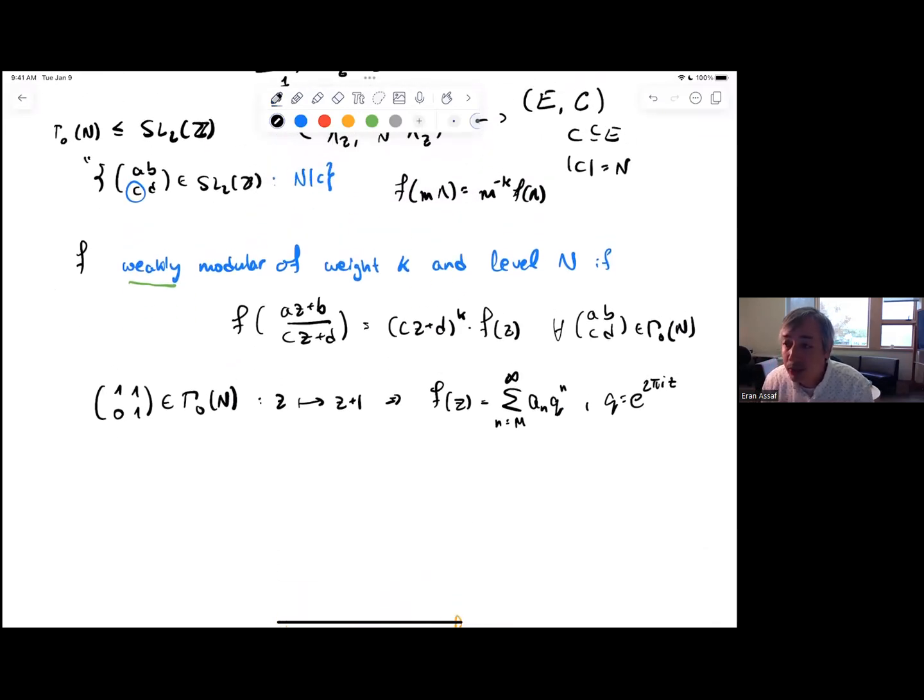Okay, so this will be our relation to generating series that we've seen before. And in the case that we have modular forms, so they are actually functions on the compact space, we really want these Q expansions to be holomorphic. So we want M to be at least 0.